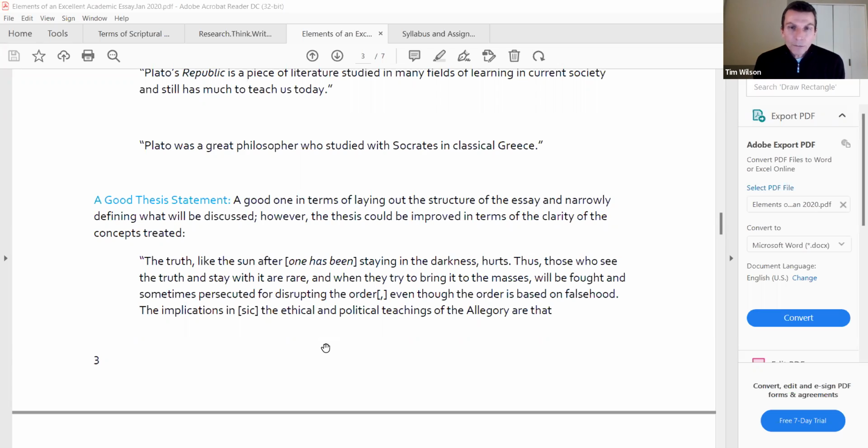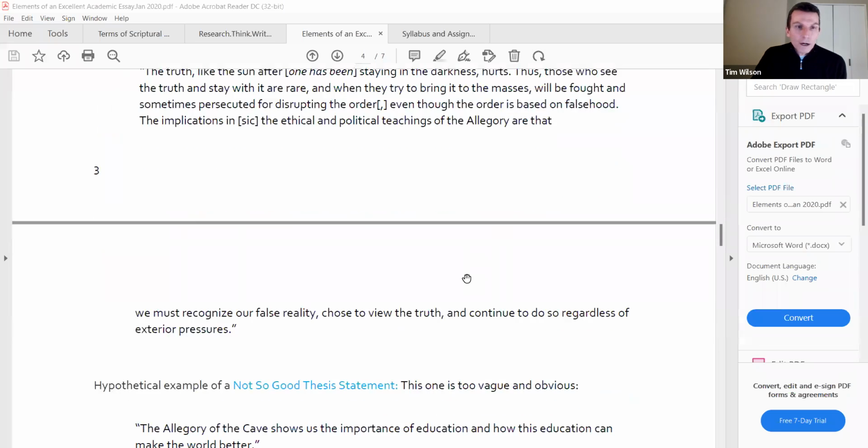And when they try to bring it to the masses, they will be fought and sometimes persecuted for disrupting the order, even though the order is based on falsehood. The implications for the ethical and political teachings of the allegory are that we must recognize our false reality, choose to view the truth, and continue to do so regardless of exterior pressures."